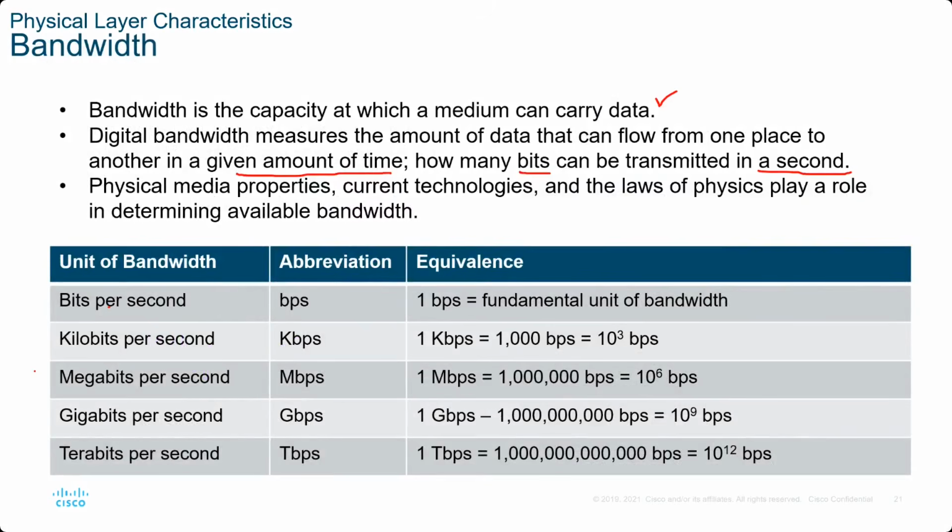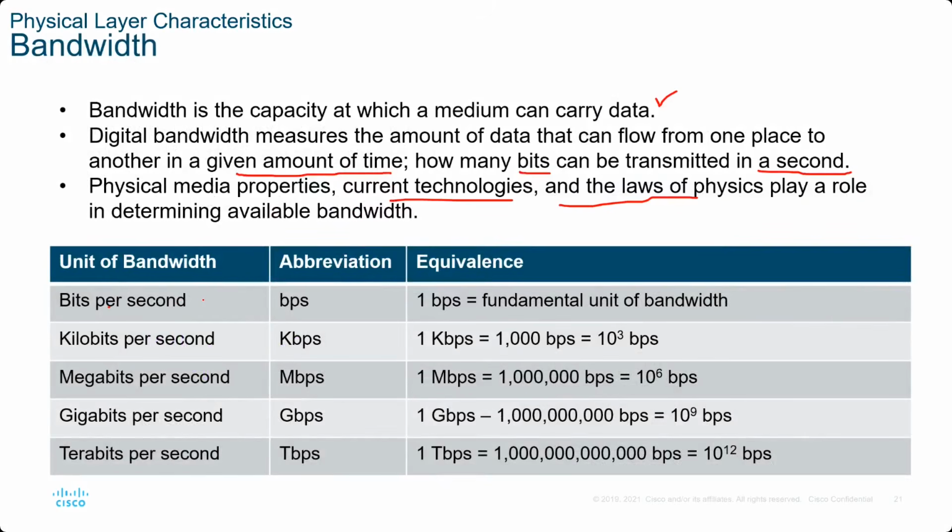It affects the bandwidth of your connectivity. So physical medium properties like current technologies and the laws of physics play a role in determining available bandwidth. The unit of bandwidth is bits per second.